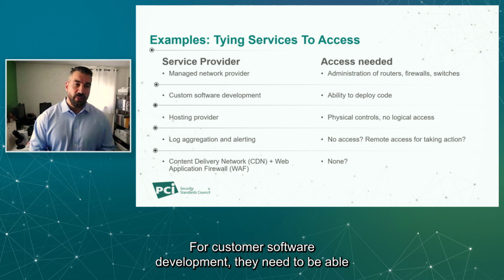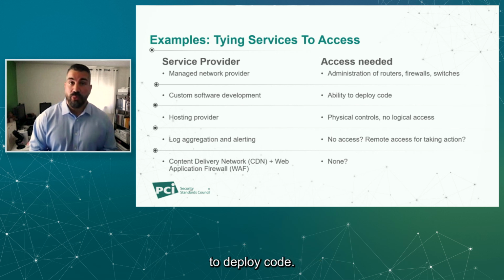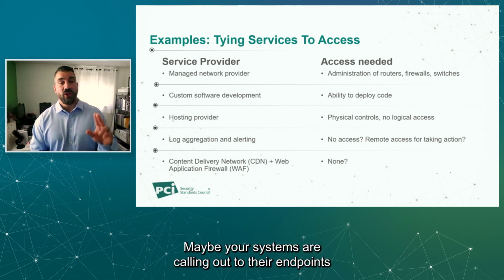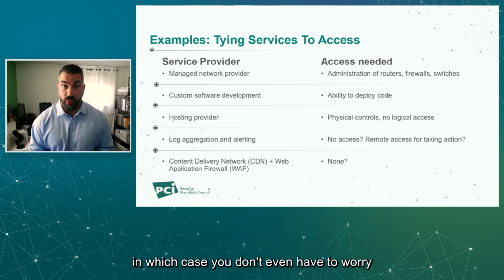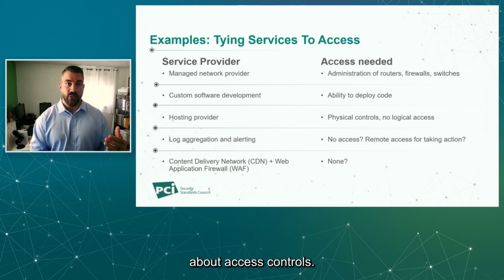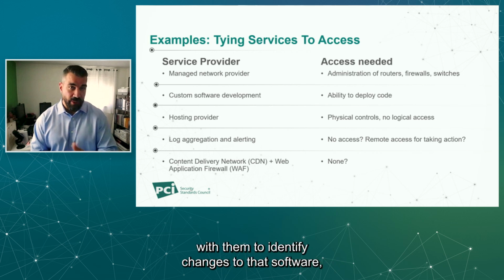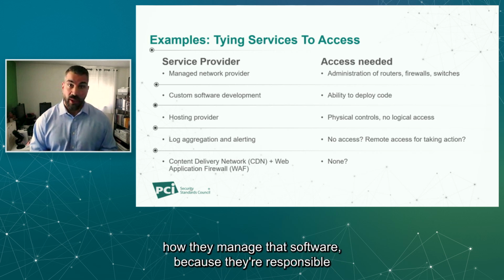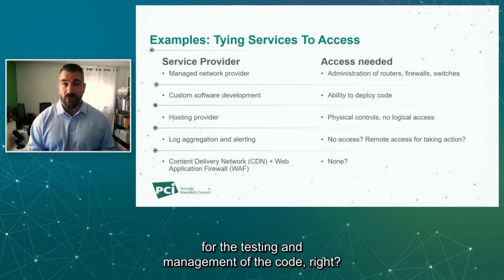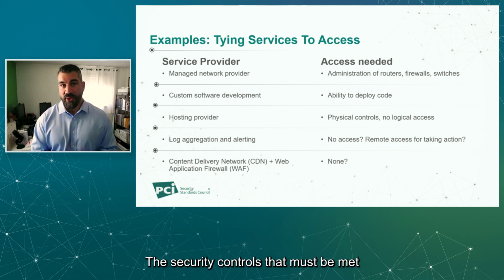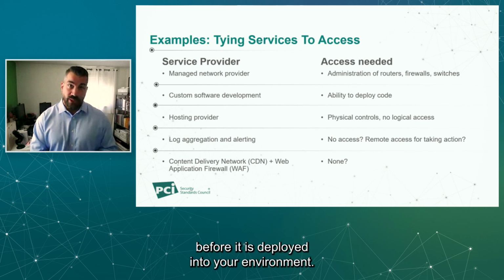For custom software development, they need to be able to deploy code. Maybe your systems are calling out to their endpoints, in which case you don't even have to worry about access controls, but rather your communications with them to identify changes to that software, how they manage that software, because they're responsible for the testing and management of the code, right? The security controls that must be met before it is deployed into your environment.